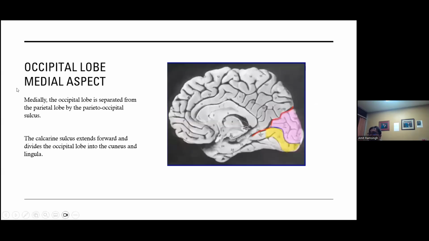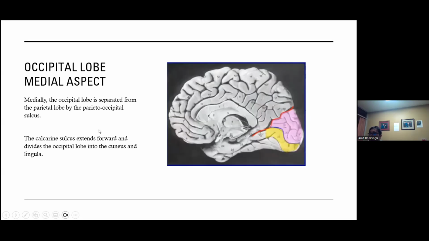In terms of the medial aspect, it's a little bit more demarcated in that the occipital lobe is separated from the parietal lobe via the parietal occipital sulcus. And this is this red line right there, which forms that separation between the parietal and occipital lobe.